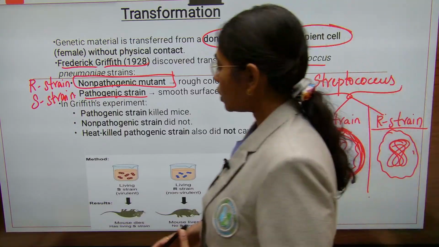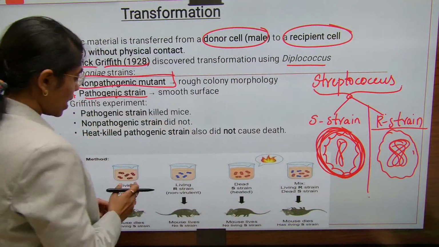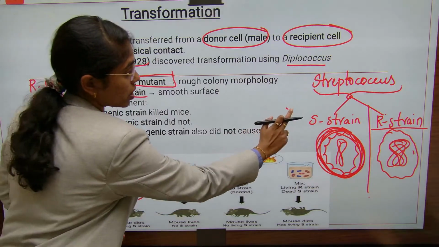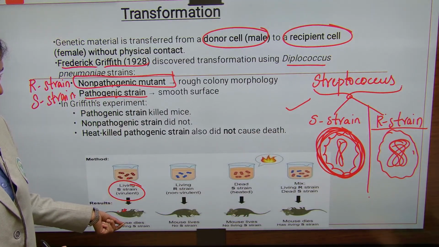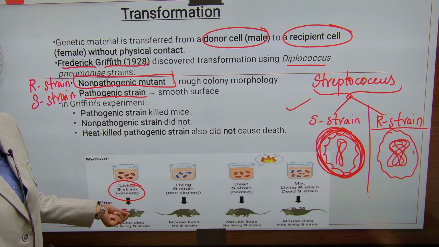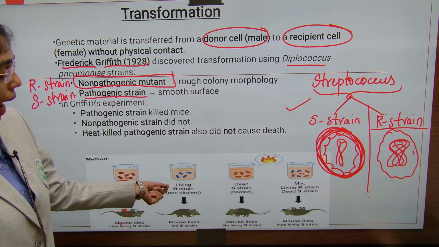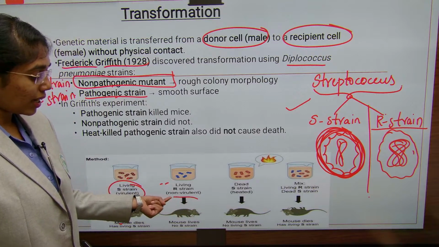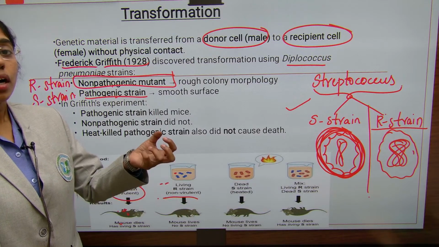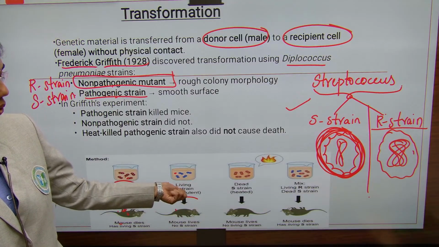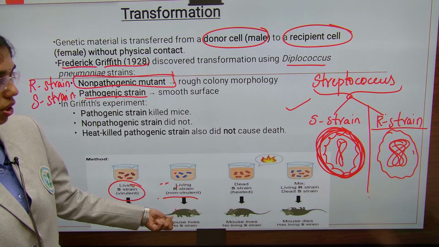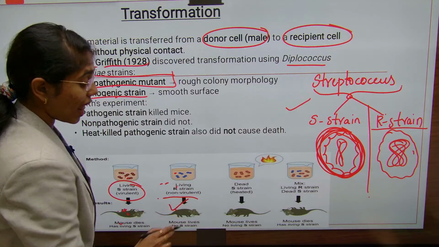First, the S strain, the pathogenic strain bacteria, is injected into the mice and the mice dies, as the S strain can survive in the host environment. The R strain, which is the non-virulent strain, cannot survive in the host and will die. When the R strain is injected into the mice, the mice is alive.